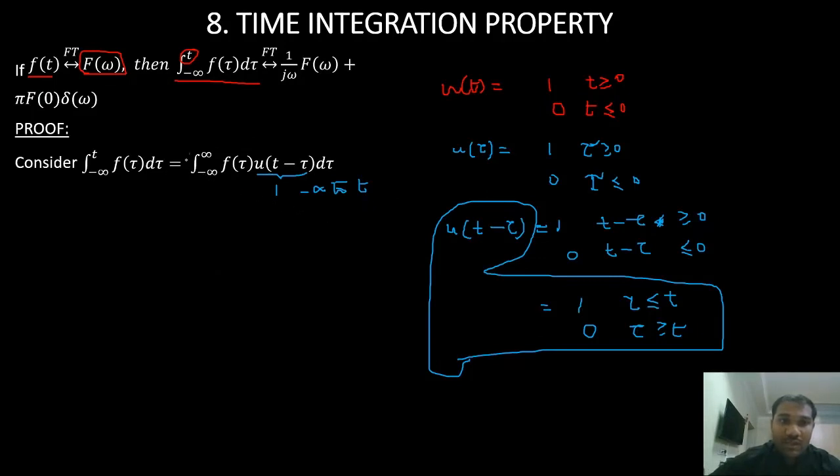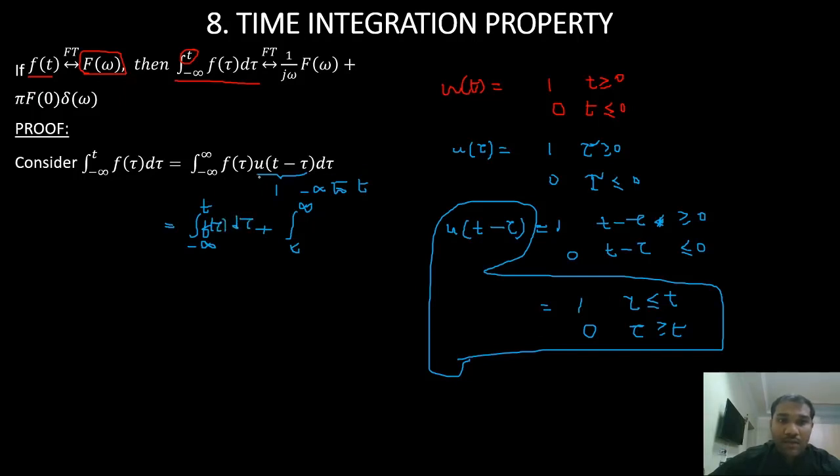So in this integral, my lower limit is still minus infinity, my upper limit will change from infinity to t, right? I can write this as the integral from minus infinity to t, plus the integral from t to infinity. In the first range, the value of u of t minus tau is 1, so I have f of tau d tau.